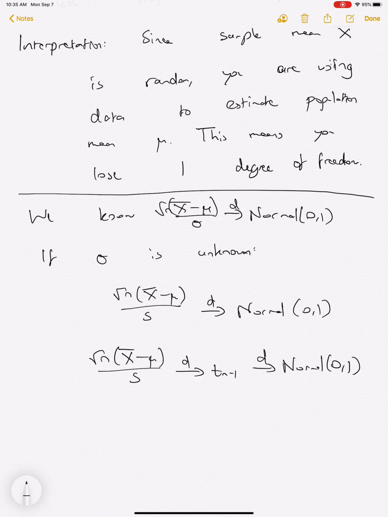We saw that the t distribution arises if you subtract off the mu, in the scenario where everything's normal and we could do the calculations exactly. But here, if you divide by s, where the variance is unknown, then this converges to a t distribution, but then a t converges to a normal as n goes to infinity.